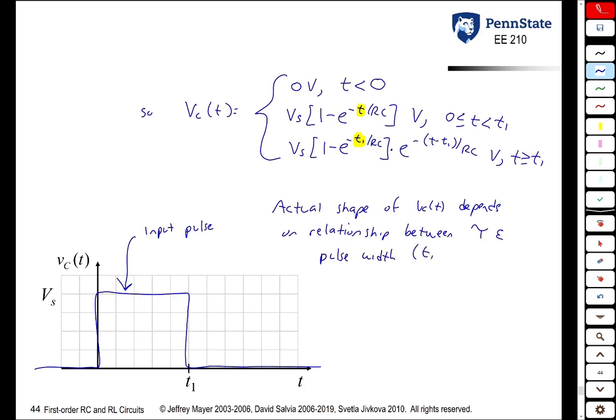The pulse width is just this number T1. So the pulse width is how long this pulse is high.